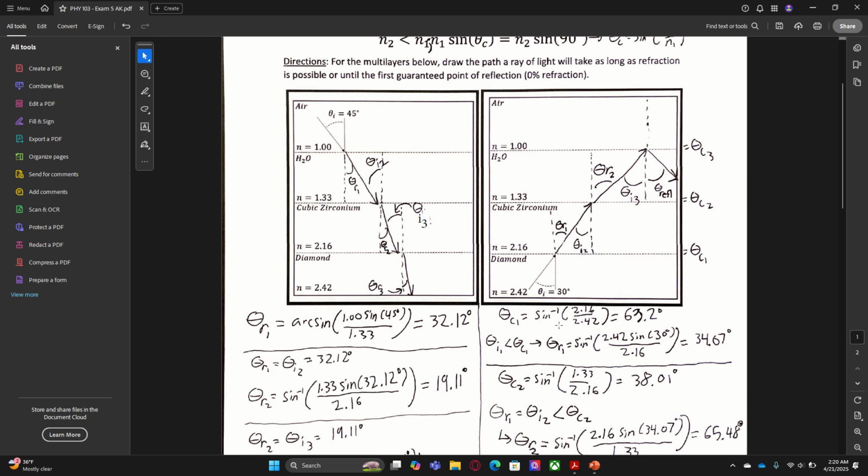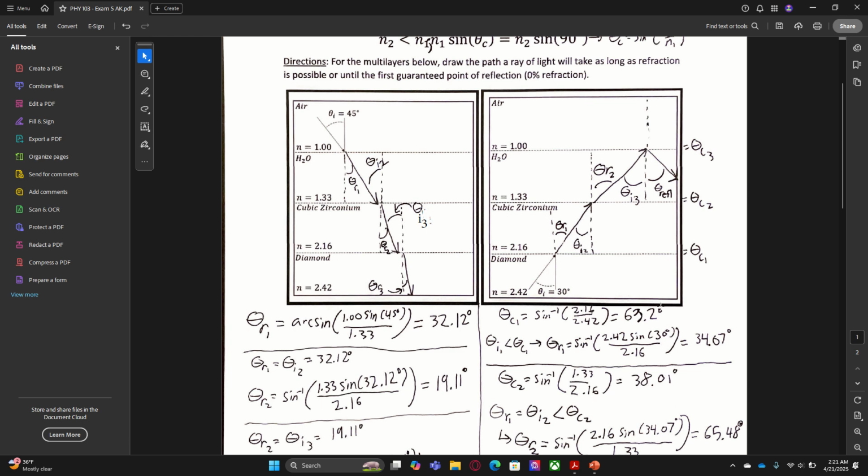That's going to be sine inverse of the oncoming refractive index divided by the current refractive index. So 2.16 divided by 2.42, and that equals 63.2 degrees. Never use the critical angle in any further calculation.